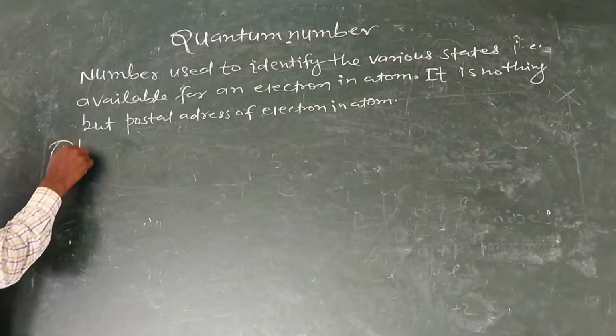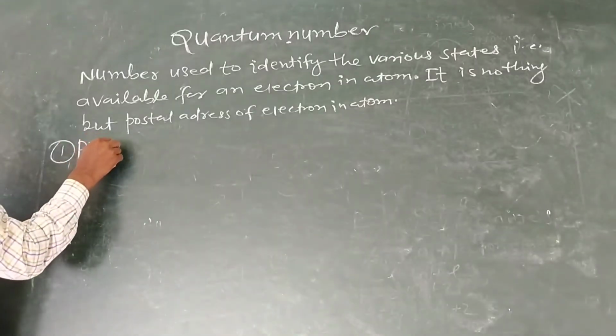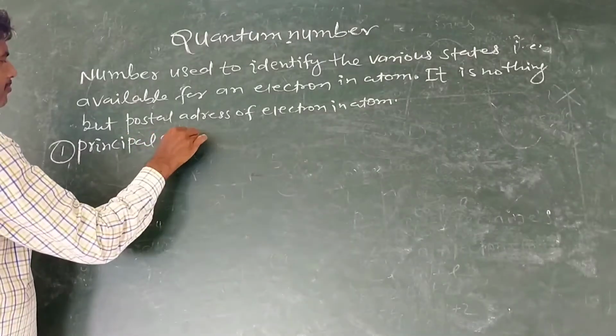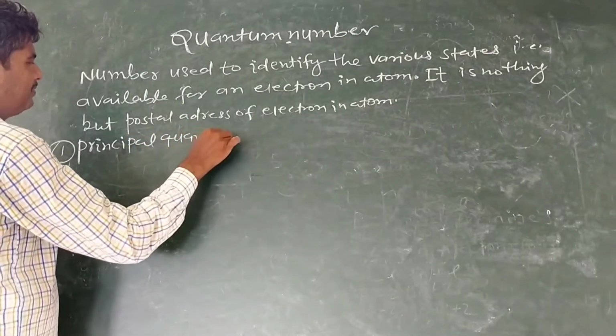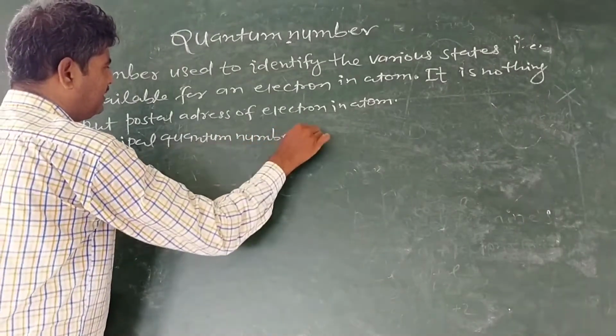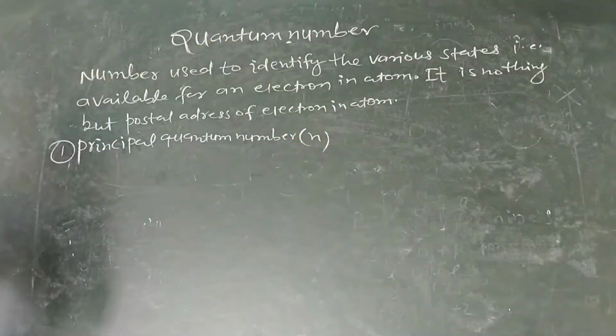First, principal quantum number. It is represented by small n.